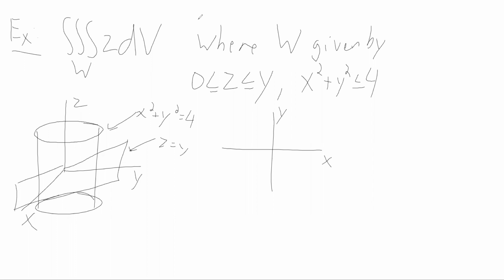Initially, we know x squared plus y squared is less than or equal to 4. So we know x and y live inside that region in the xy plane.